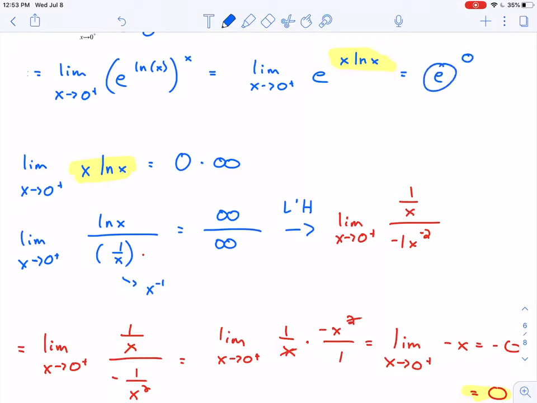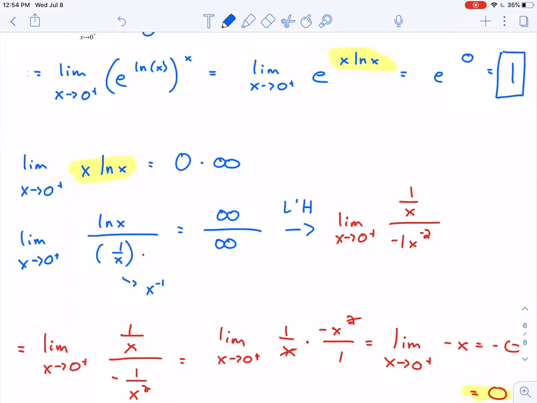E is a constant. We don't need to worry about e. That is always going to stay as 2.718, blah, blah, blah. But the power, that's what I care about. The power will approach 0. So e to the 0, I know that that will be 1. So this is my limit. E to the 0 power will approach 1.